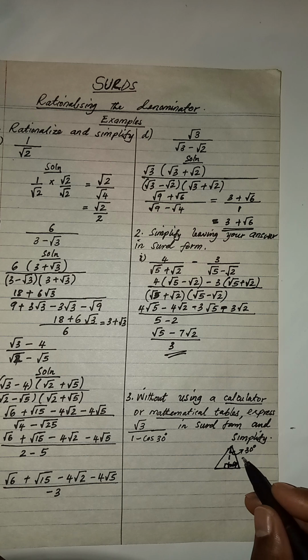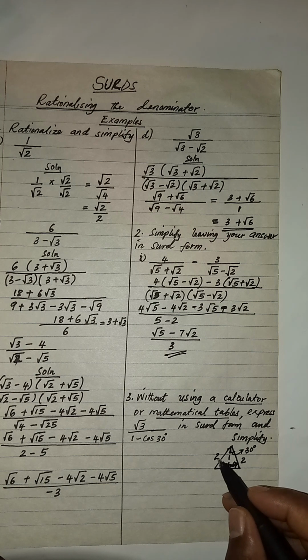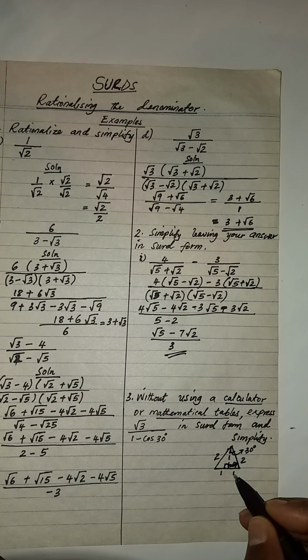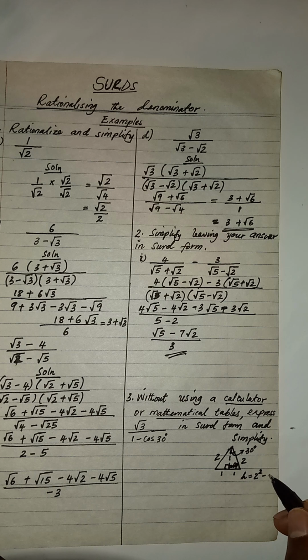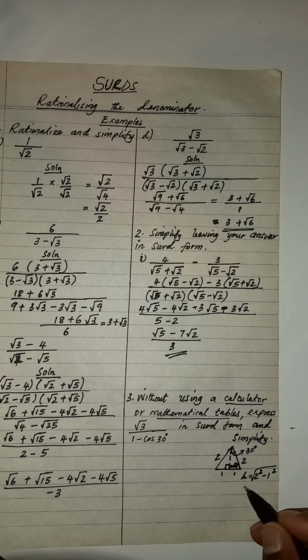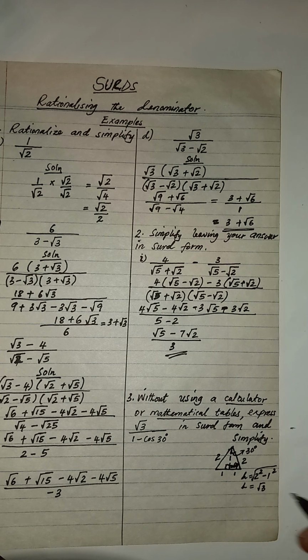So we have 2, 2, this side is 1, 1, meaning that using Pythagoras theorem, our height will be equal to the hypotenuse squared, which is 2 squared, minus the base squared, then the square root. So our h will be equal to 4 minus 1, that is the root of 3.